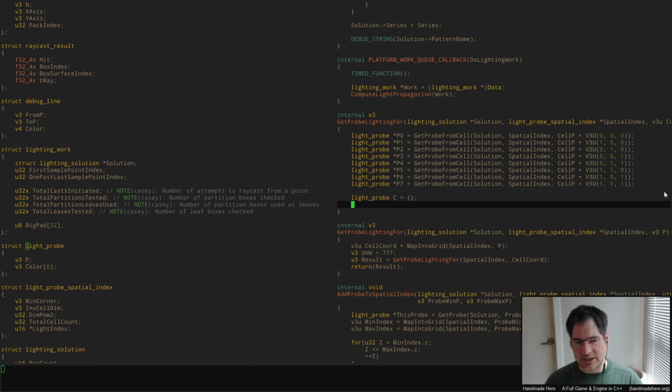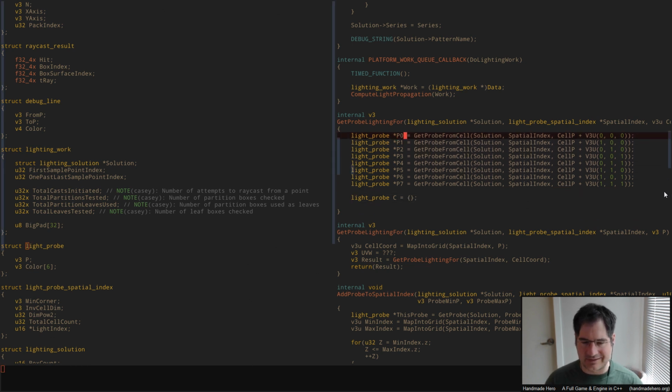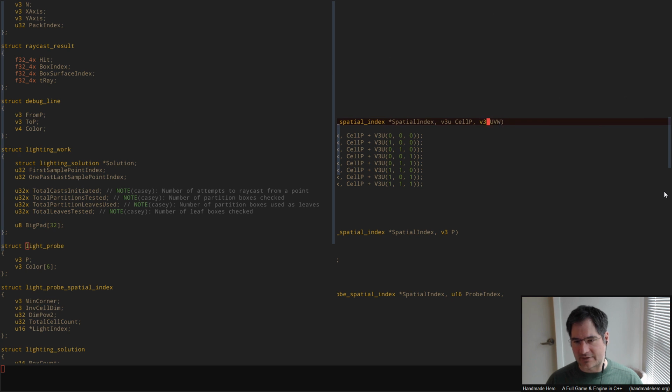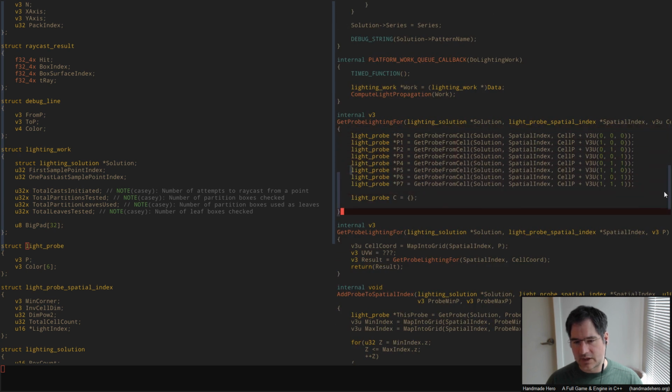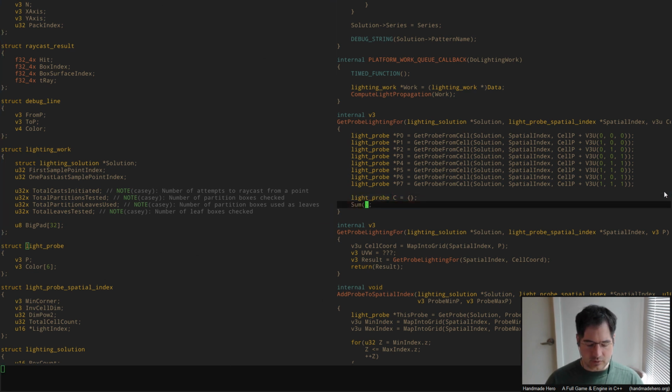And what I want to do is for each color, all 6 of the faces of that cube, I want to blend all 6 together using this UVW as the determiner. So I want to do a thing where we sum light probes in here, like an accumulate probe, something like that. So I'd say, all right, this is the probe we're accumulating into. I want to accumulate P0 in there.